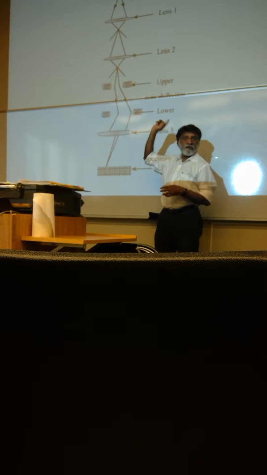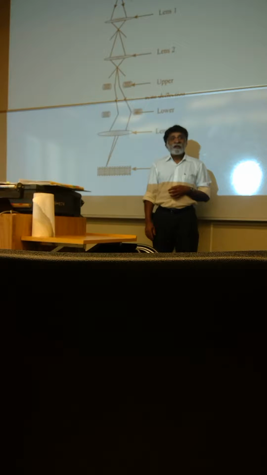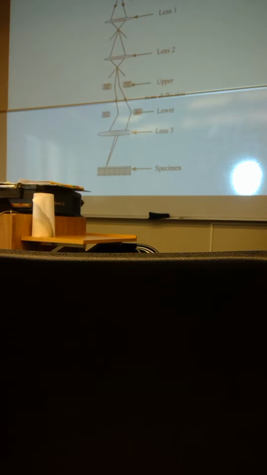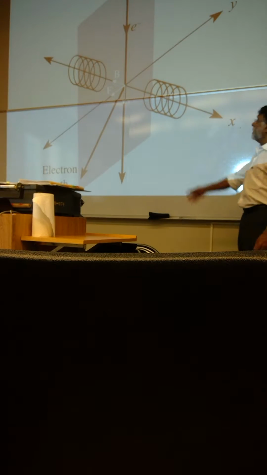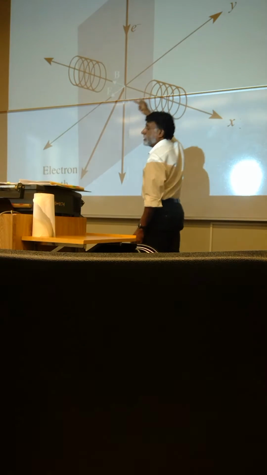So the deflection coils, everybody knows how the deflection coils work? They work using magnetic field. Exactly, the right-hand rules, and the simple design of the deflection coil is here. So there it is, you have the coil, you have the deflection, you have a magnetic field like this.